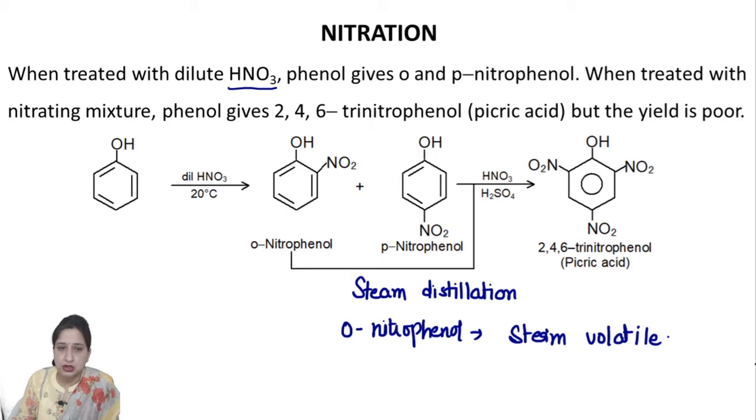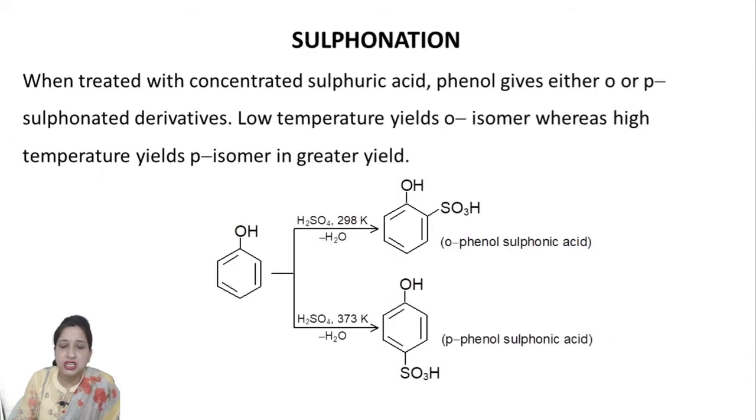Next is sulfonation reaction of phenols. When phenols are treated with concentrated sulfuric acid, they give ortho or para-sulfonated derivatives. And the production of ortho or para products depends upon the temperature condition.